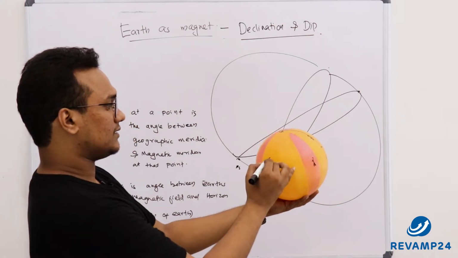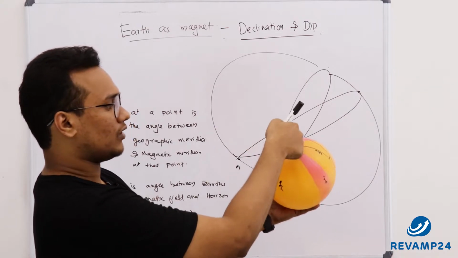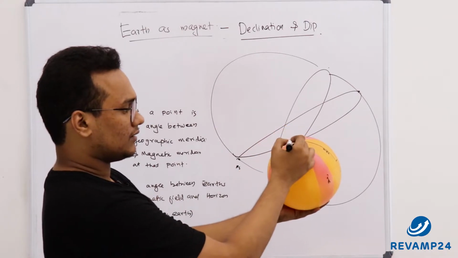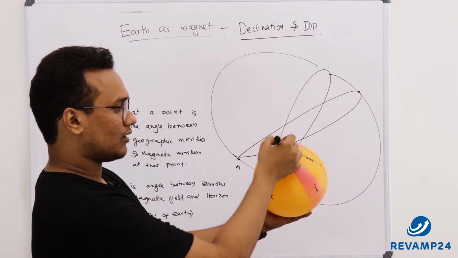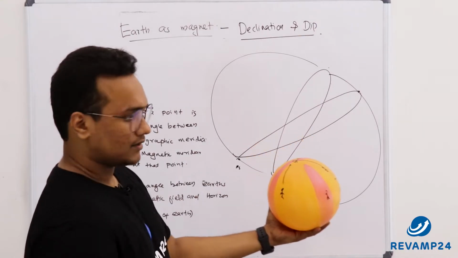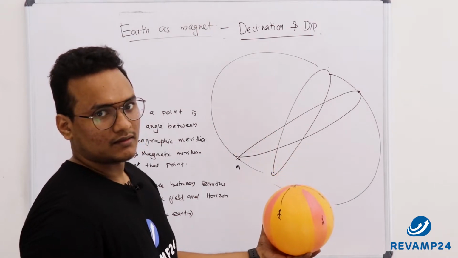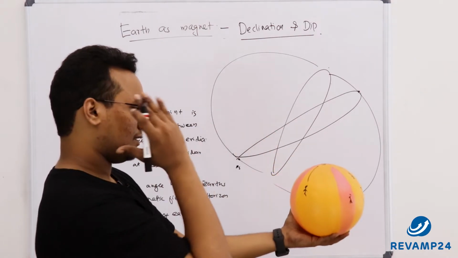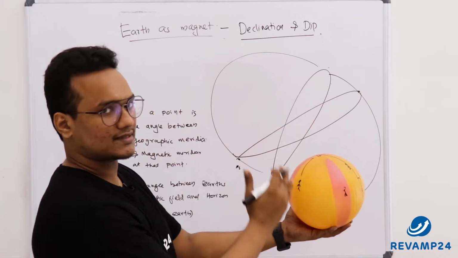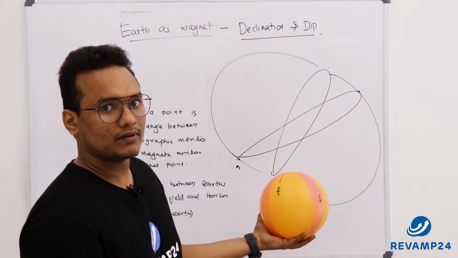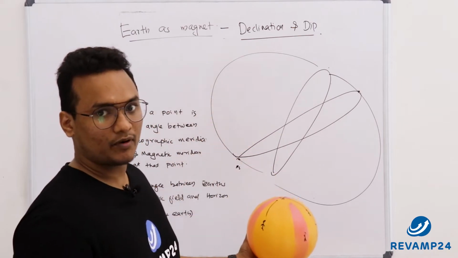If he is looking towards geographic north, it is in this direction. If he looks towards magnetic north, it is again this direction. How do these two planes section Earth? Along the same plane. So what is the declination at that point?